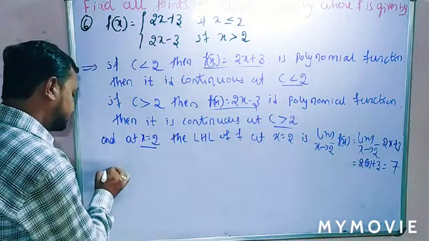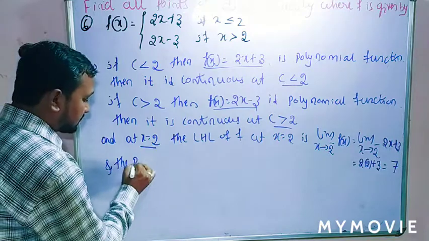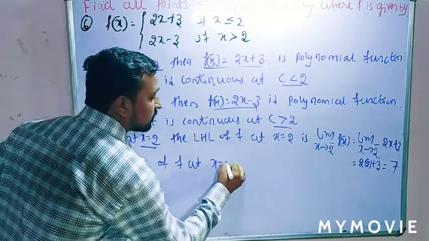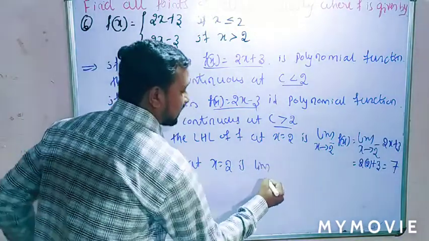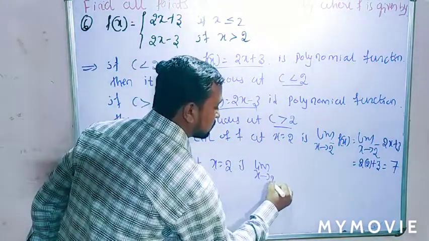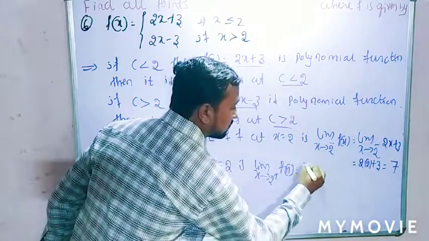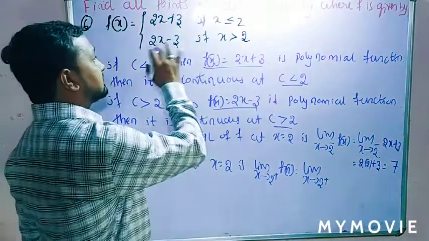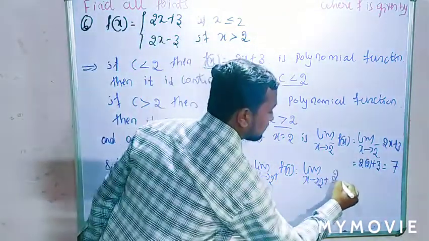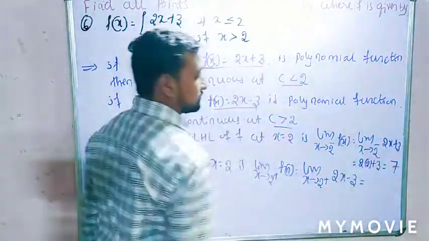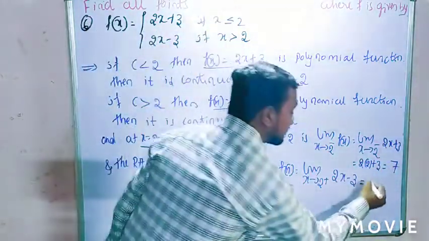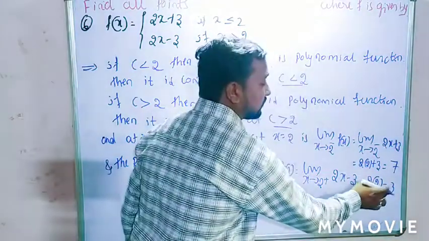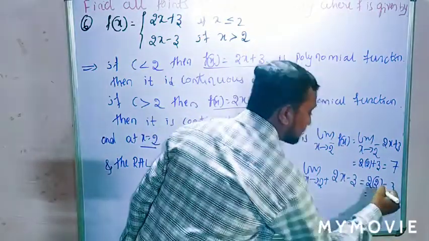And the RHL of f at x equal to 2 is limit of x tends to 2 plus f of x, which is the corresponding RHL expression, 2x minus 3. Apply x tends to 2: 2 into 2 minus 3, 4 minus 3, which is 1.